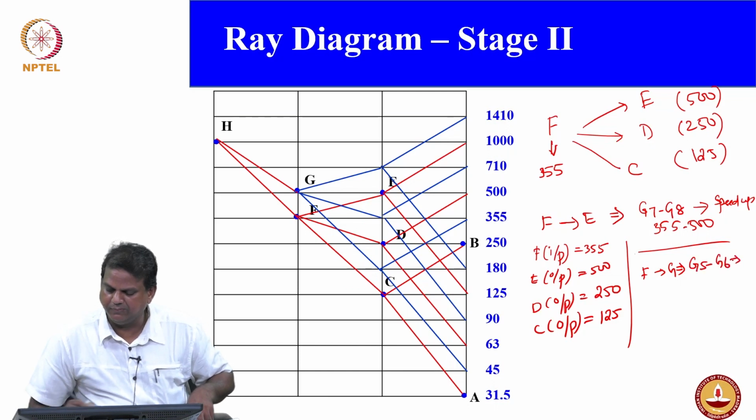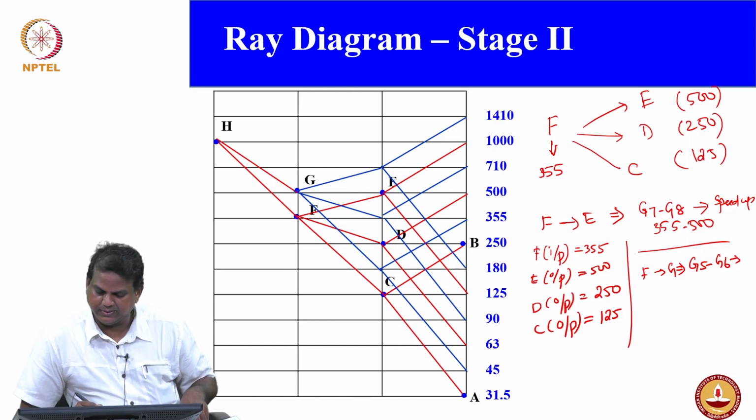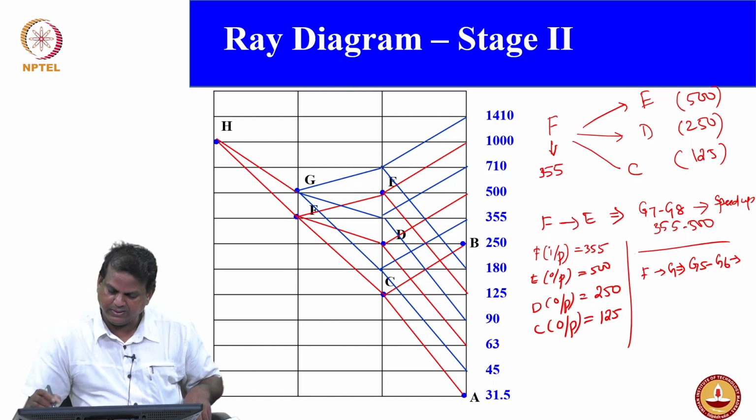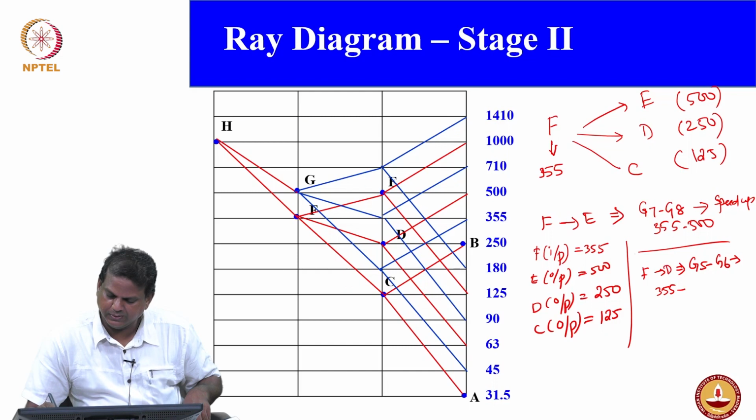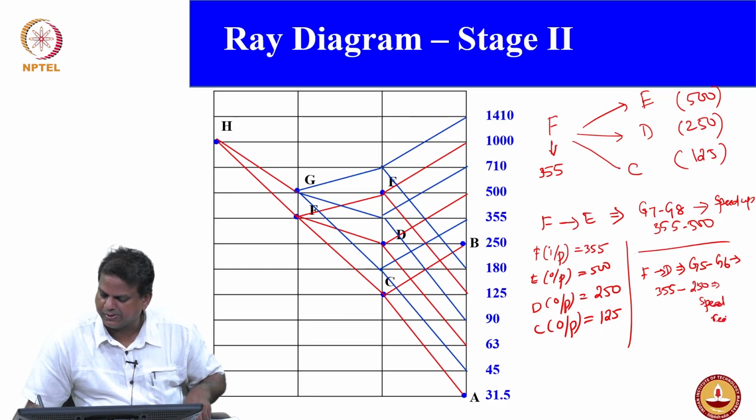So you can clearly see, it is 355 to D, 250 rpm, which is speed reduction. That's the observation we can see.